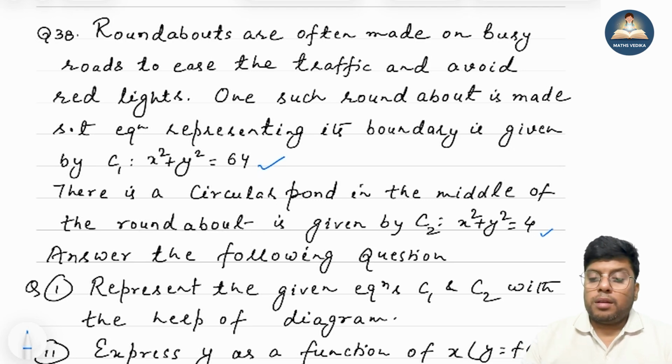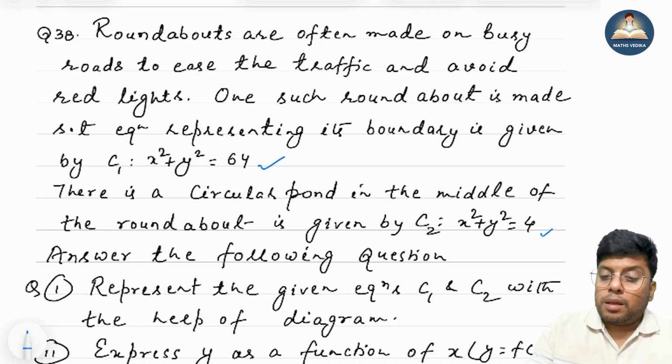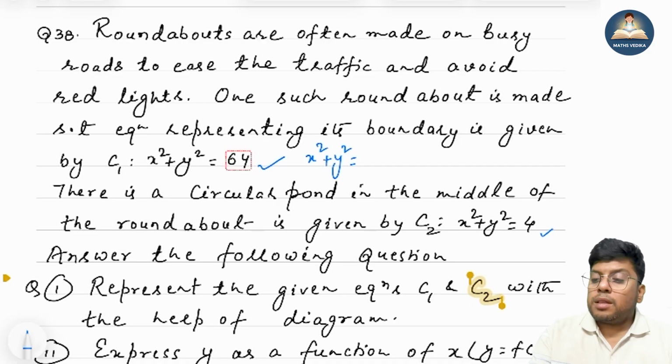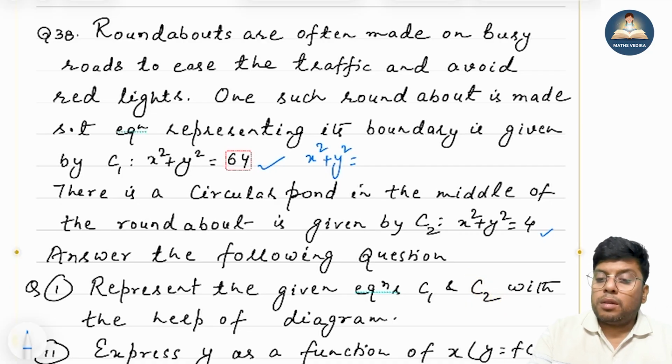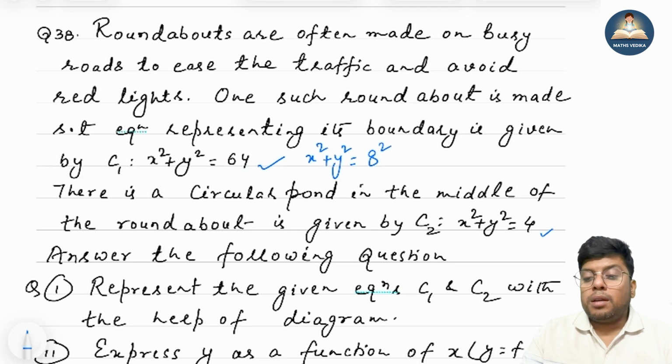As we can see, x square plus y square is equal to 64, this is C1, which is equal to 8 square. So this is the equation of a circle whose radius is 8 unit.